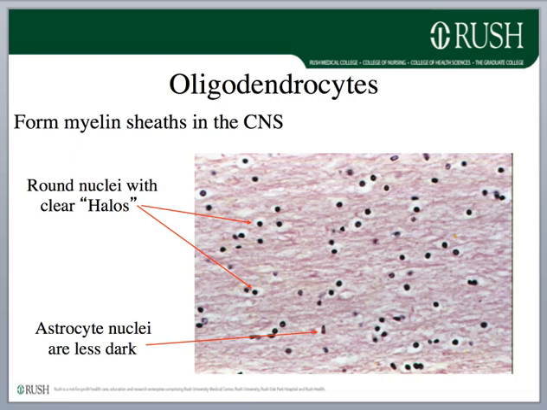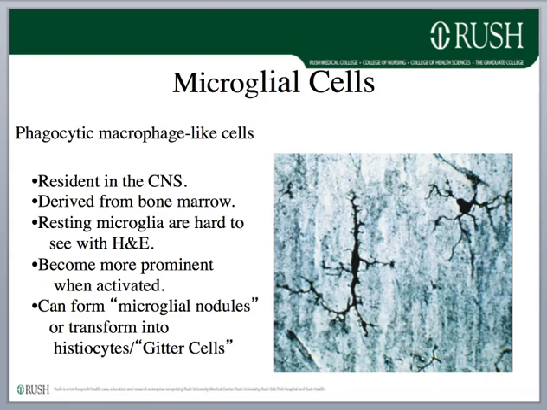The final glial cells that I'll talk about are microglial cells. These are phagocytic macrophage-like cells that reside in the CNS. They are bone marrow derived cells from the monocyte macrophage lineage. It's difficult to see these cells with routine H&E stained sections, and we really only notice them in situations where there is cellular injury and they become activated.